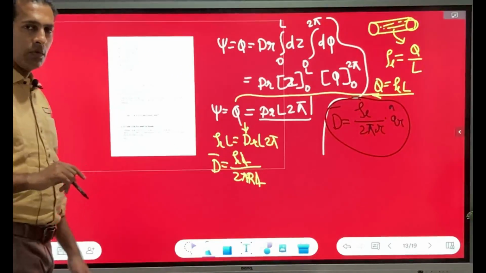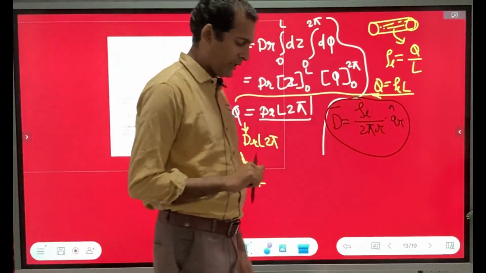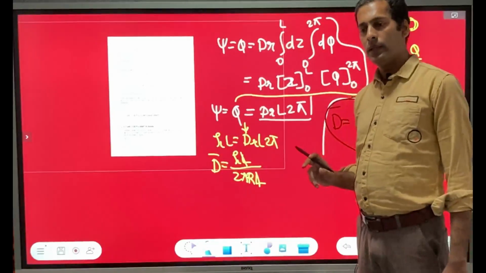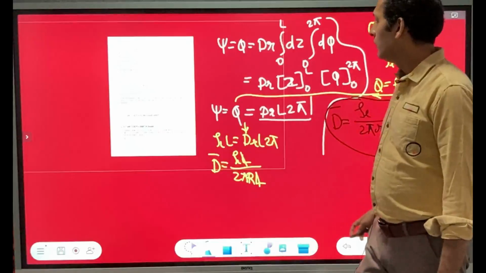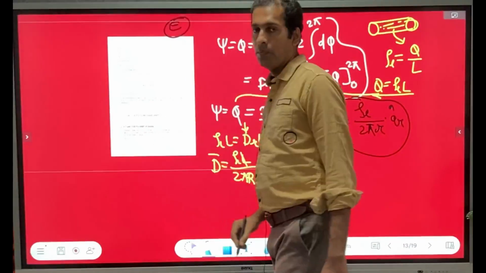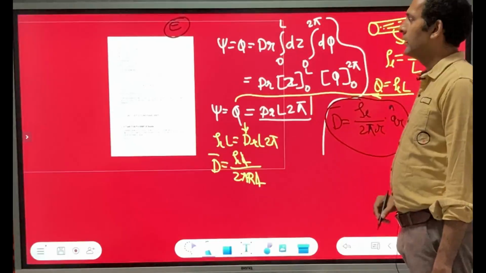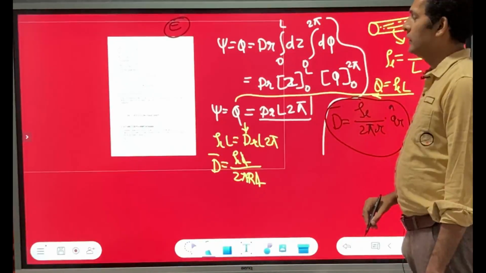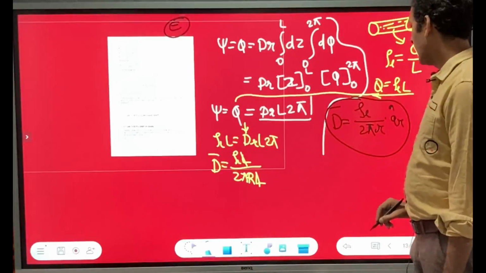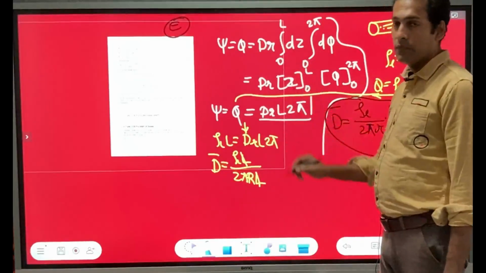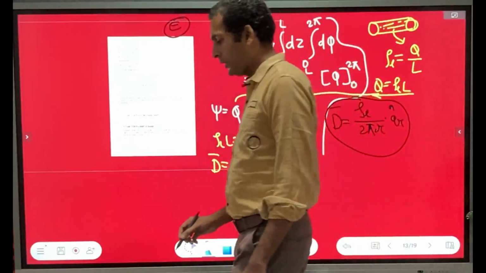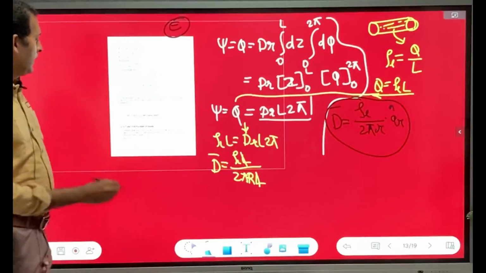Now the same kind of answer we got in the previous sessions, when we discussed the line charge density with respect to electric field intensity, in the topic of electric line charge in the case of electric field. At that time we got some formula for line charge. Now we will compare it with the relation. What is the relation between D and E?